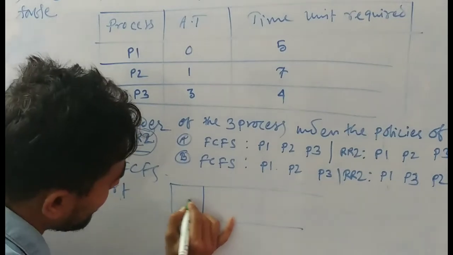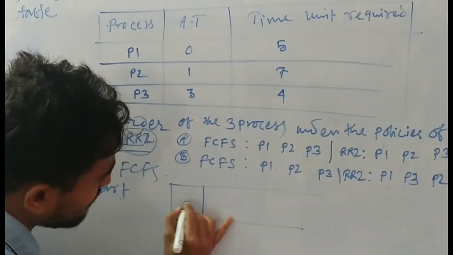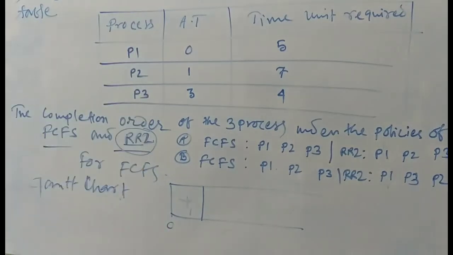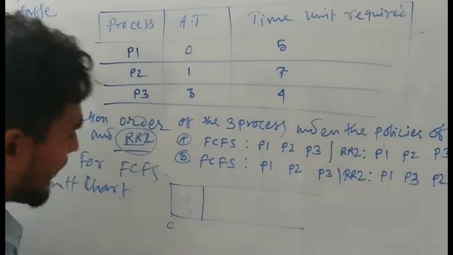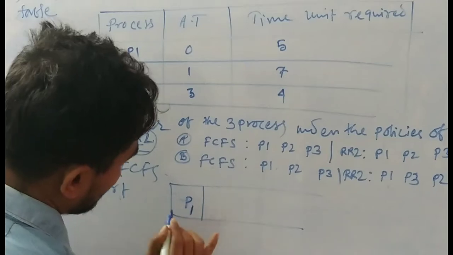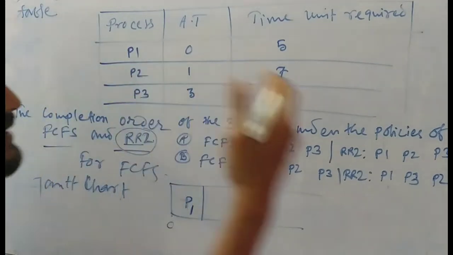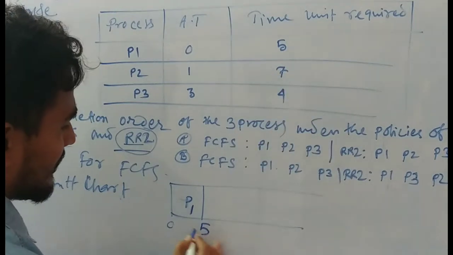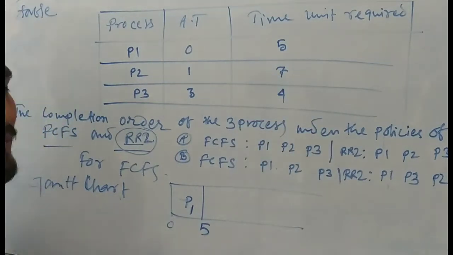So the P1 process has arrived at this time, so I am writing P1. What is the time unit required for P1? It is 5, so I write 5. Why 5?